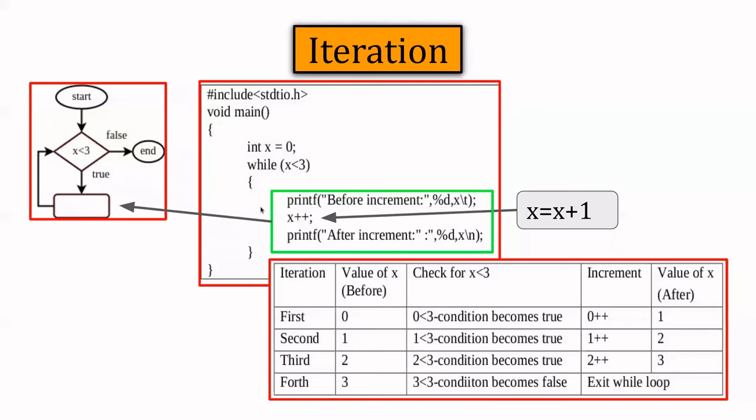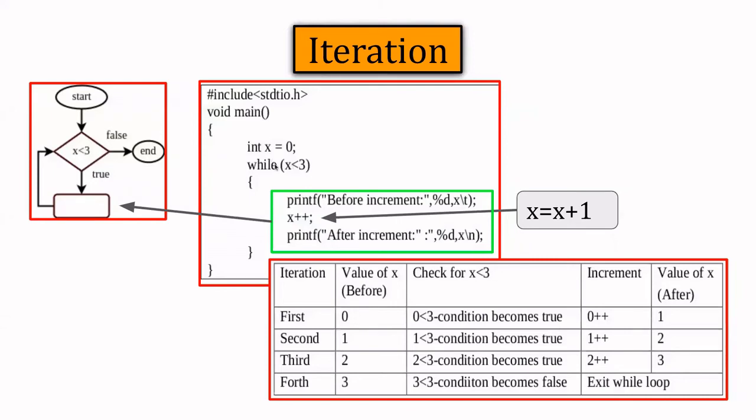This is iteration. Sequence, selection, iteration. There are three control structures: sequence, selection, iteration. Iteration means it repeats. Here, this while command is a repeat command.